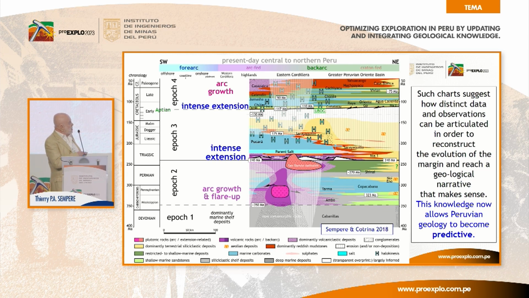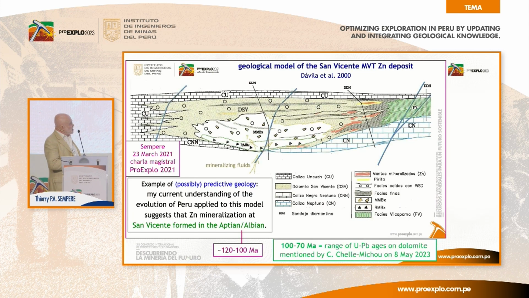It would be too long, but we can distinguish 4 epochs with their respective ages and their respective events. We have fore-arc, arc, back-arc, but the level of detail here is almost predictive. And I will give some examples here.